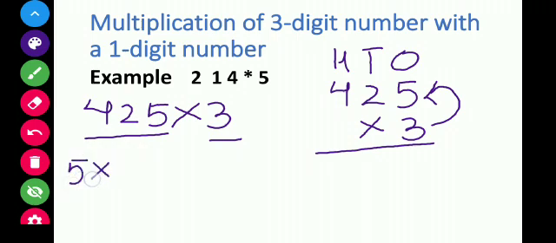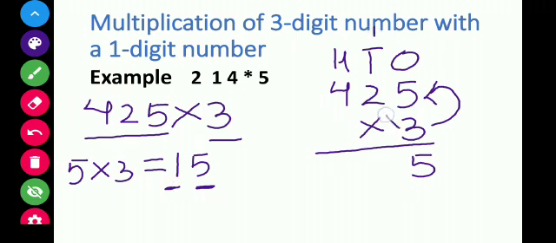5 threes or 3 fives are 15. Children, we cannot write it over here. Why? This is greater than 9. So 5 will come under ones place, and 1 you will carry over to the tens place.